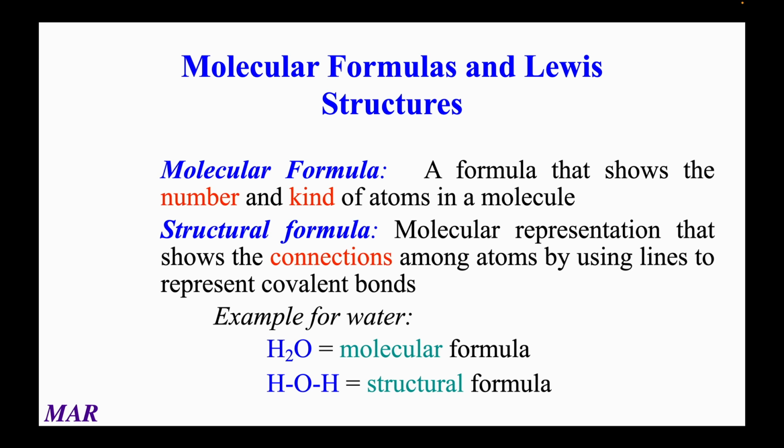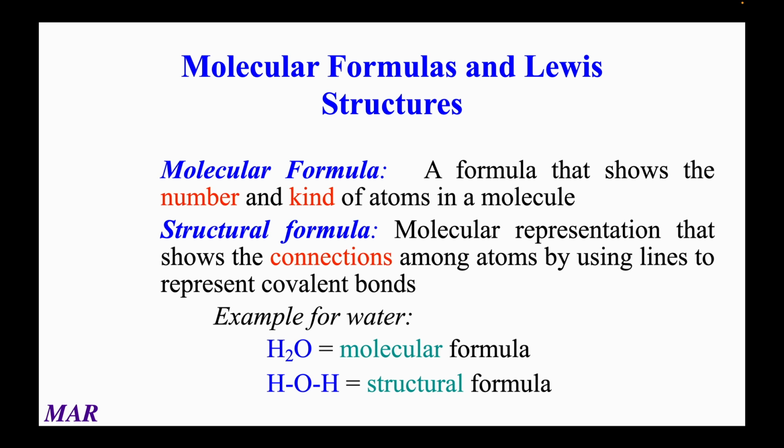Molecular formulas and structural formulas are a good thing to talk about here real fast. Most people, when they talk about water, they say H2O. That's the molecular formula, and it shows how many atoms are in there and stuff like that, which is really cool. So H2O is probably the way you've talked about water, which is great. Sometimes it's useful, though, to think about what's called a structural formula.